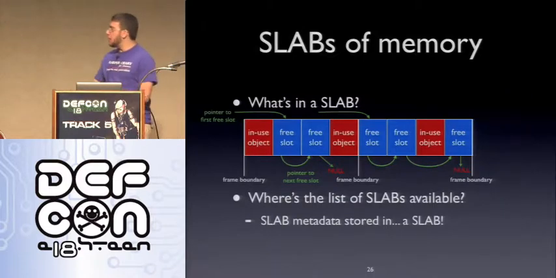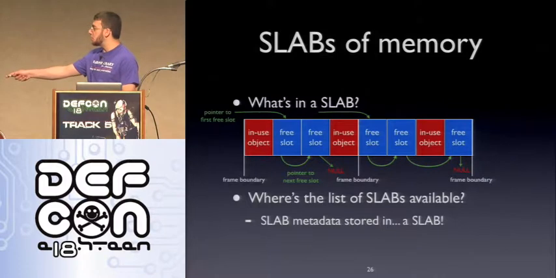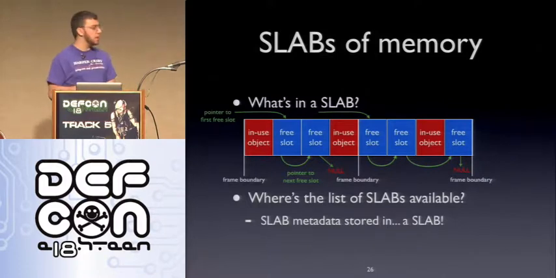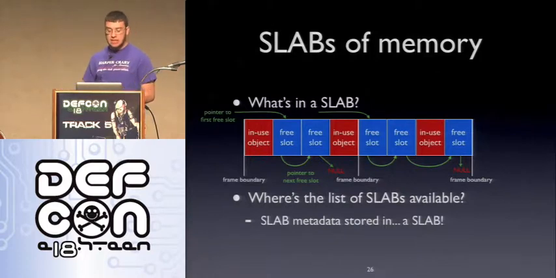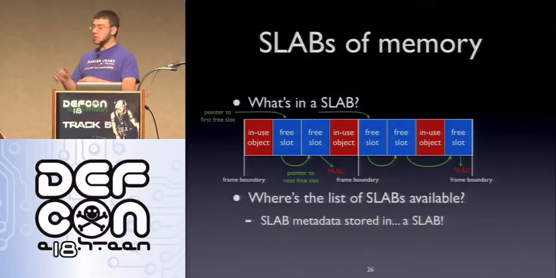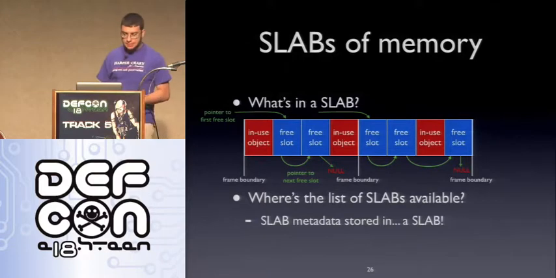By the way, each of these lines is a frame boundary. I don't know if you can read that text there, but each of those lines is the boundary of one physical memory frame. And the way these slabs work is that they have a fixed number of slots in them. In this case, these are huge objects, 1 kilobyte large, but you fit n of them into a frame.